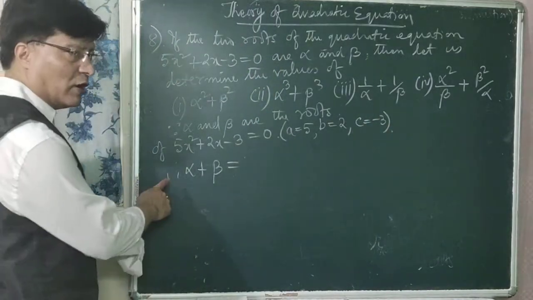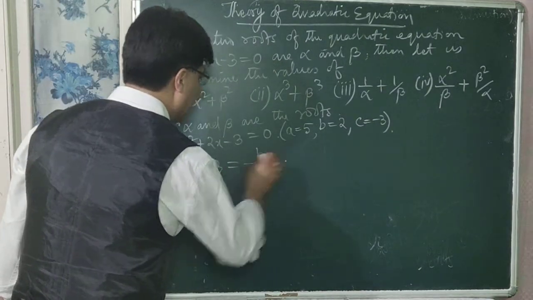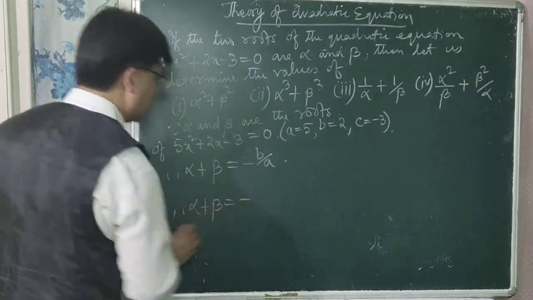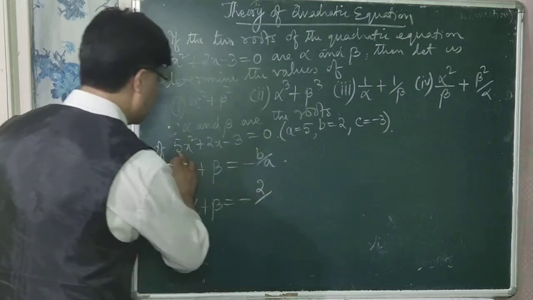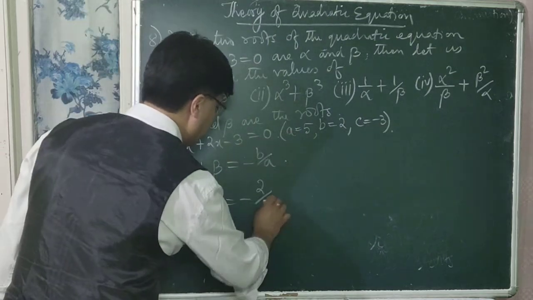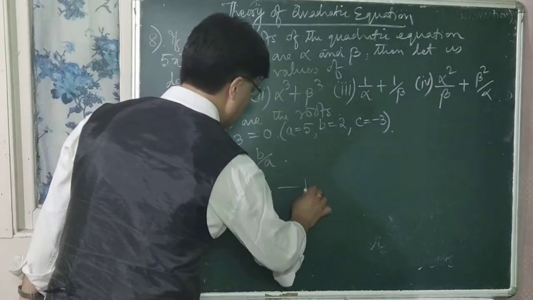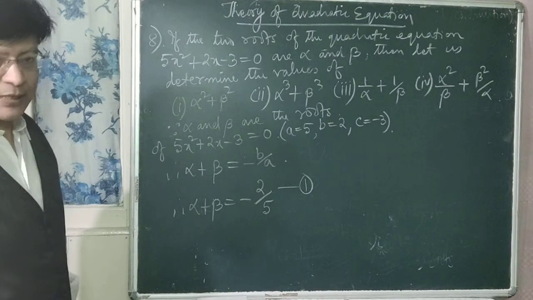What is the formula for sum of the roots? Alpha plus beta is equal to minus b by a. Therefore, alpha plus beta is equal to minus 2 divided by 5, so alpha plus beta is equal to minus 2 by 5. Suppose this is number 1. Is it clear now?